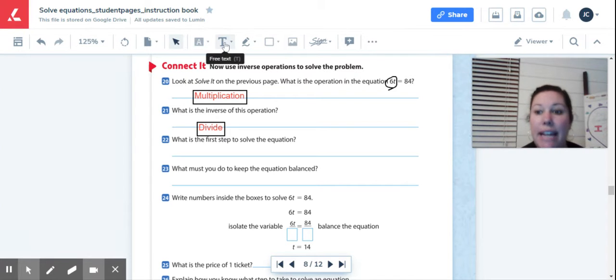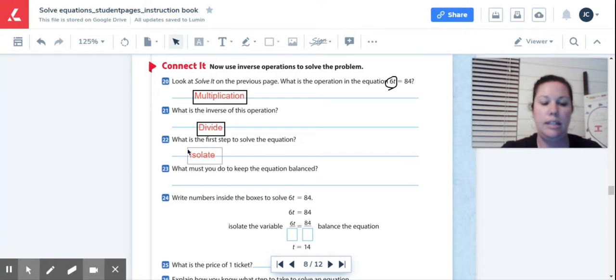We have to get t by itself. So we have to isolate t first. Okay, we're going to use our math lingo here. Isolate t by dividing 6t by 6.